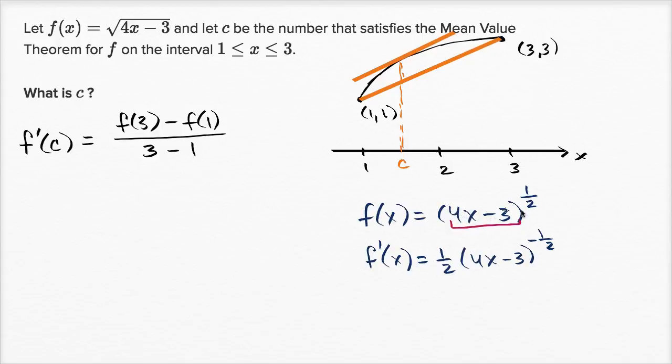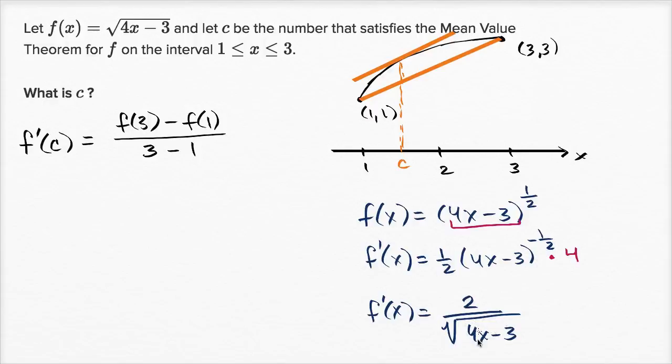Well, derivative of 4x with respect to x is just 4, and the derivative of negative 3 with respect to x, well, that's just going to be 0. So the derivative of 4x minus 3 with respect to x is 4. So times 4. So f prime of x is equal to 4 times 1/2, which is 2, over the square root of 4x minus 3. 4x minus 3 to the 1/2 would just be the square root of 4x minus 3, but it's the negative 1/2.